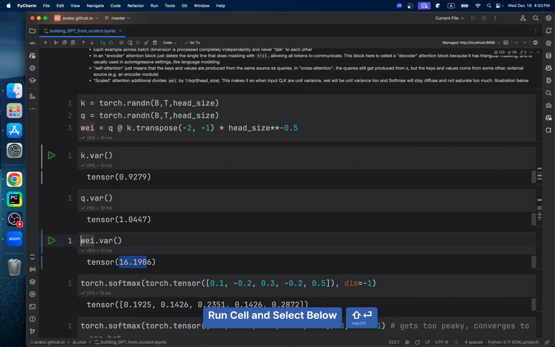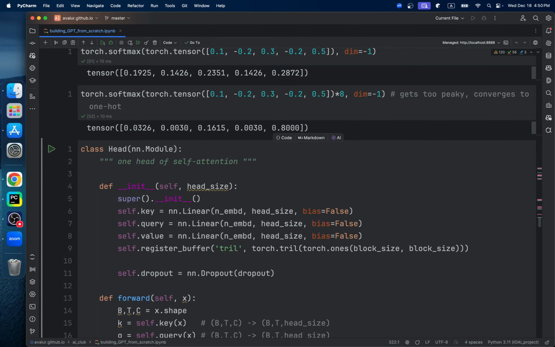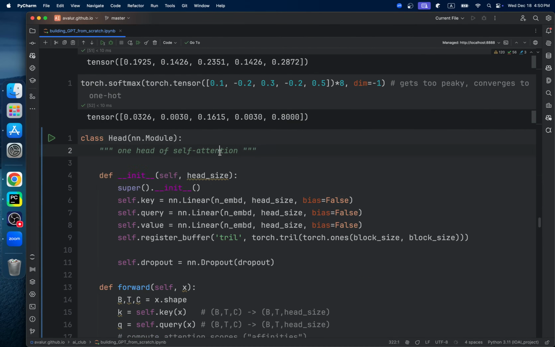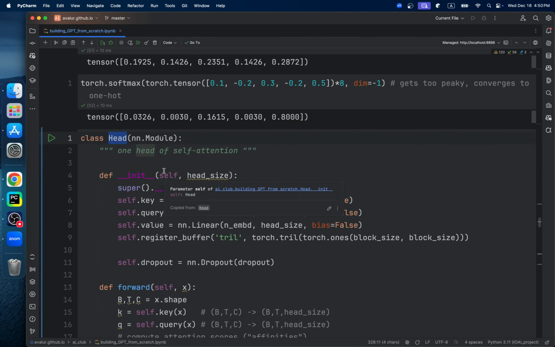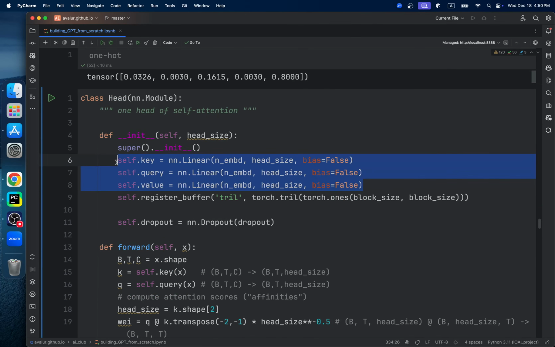That's why we divide the result of the matrix multiplication by the square root of head size. Okay, and now we're ready to combine everything. So this is the PyTorch head attention class, and it has three layers with parameters, which project all the embeddings to the space with head size dimension.